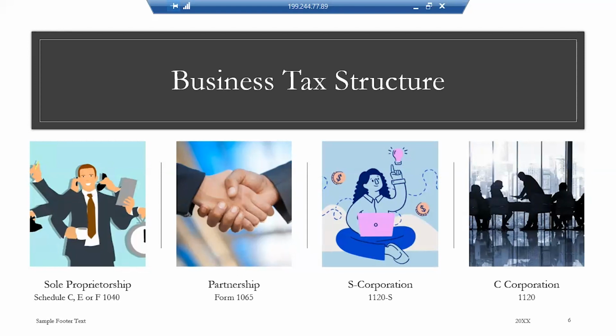C corporations are due April 15th as well, or sometimes a C corporation can have what's called a fiscal year end, where they can have any end of year date that is set whenever they sign up to be a C corporation. On this slide, you can see a partnership is prepared on a Form 1065, an S corporation is on an 1120S, and a C corporation is on an 1120.